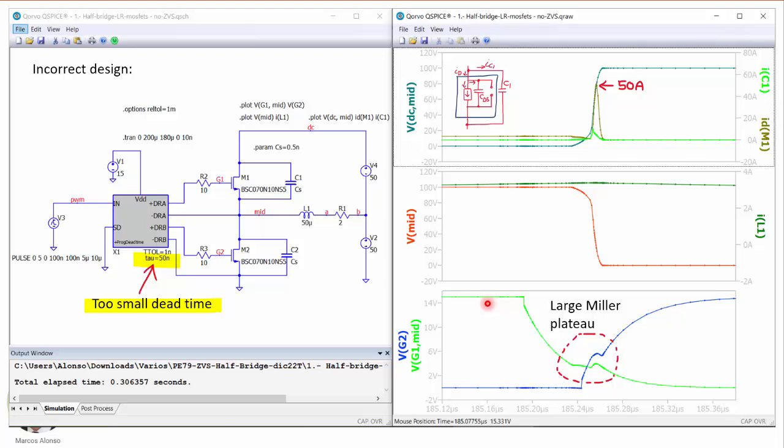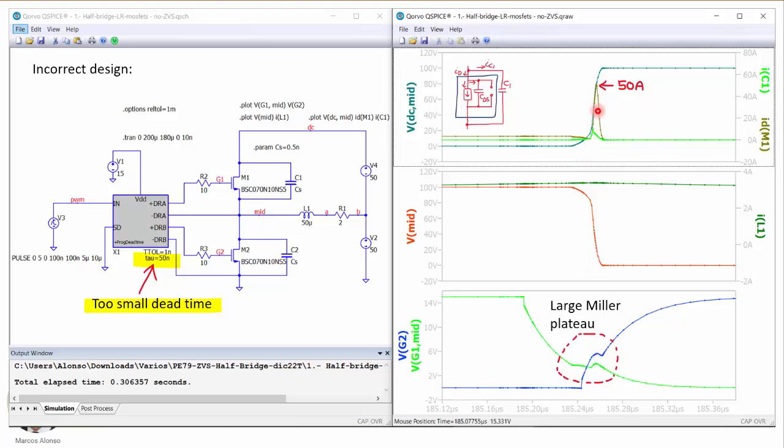So we can see here, this is the gate voltage of transistor M1 and this one is the gate voltage of transistor M2. So we can see that both transistors are conducting together during a given time interval, because we can see there are large Miller plateaus in both transistors during the switching process.